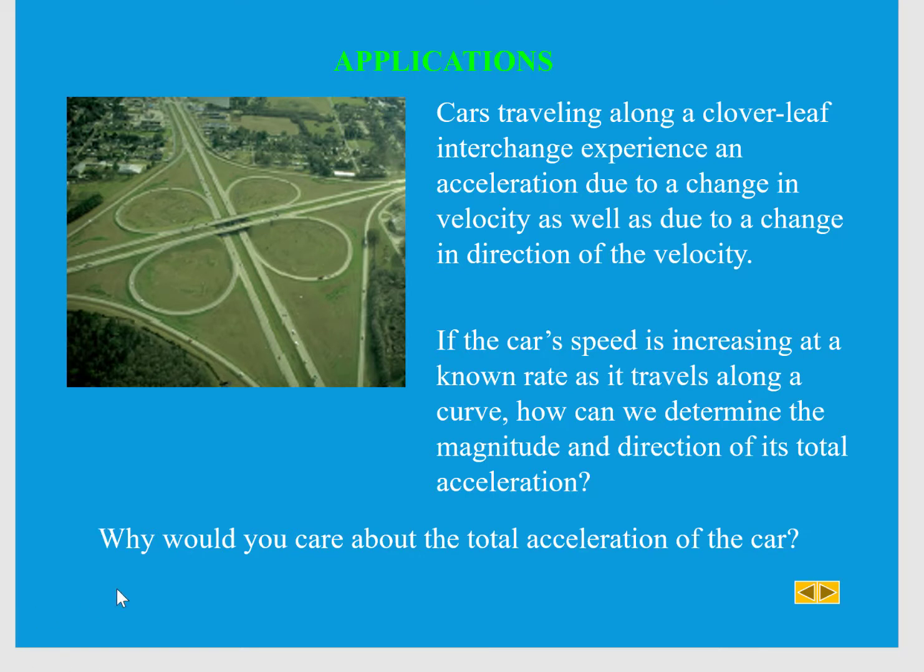The question could be, can you calculate the acceleration that results from this motion, the acceleration described by the rate of change of the velocity along the path, and also the acceleration that attracts you toward the center of that curvature?